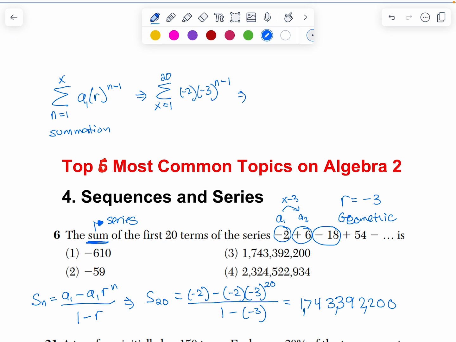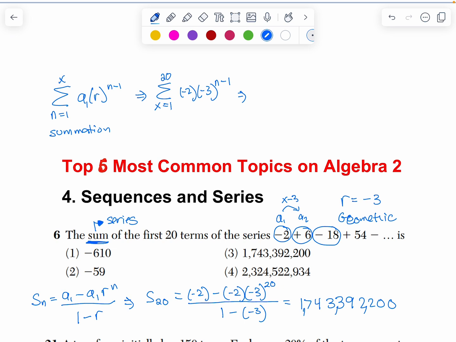Now, if you go into your calculator and press alpha window, option number 2 says summation with the sigma symbol. We're going to choose that, and we're going to put x in the bottom. Directly next to it, we're going to put 1. On top of the sigma, we're going to put a 20. And then in that parentheses, I'm going to add another parentheses for negative 2, close it.